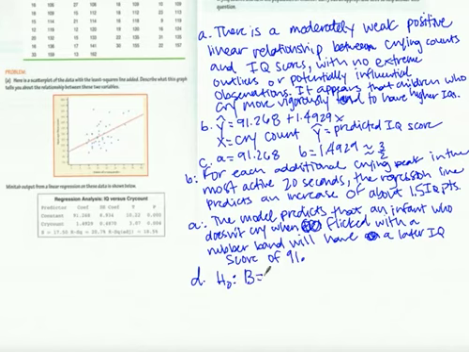This says that the slope is equal to 0, and an alternative hypothesis which says that the slope is greater than 0. And we're using beta equals the slope.